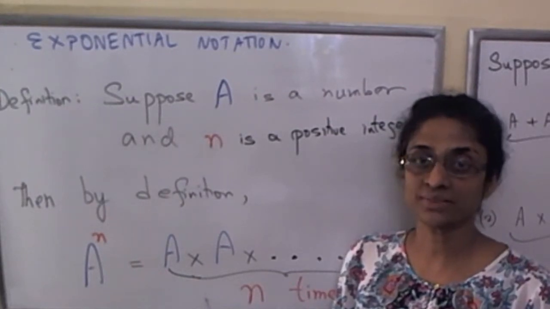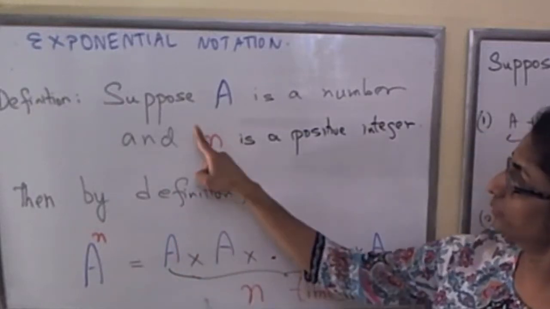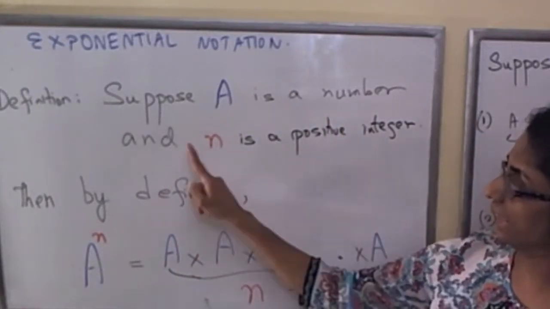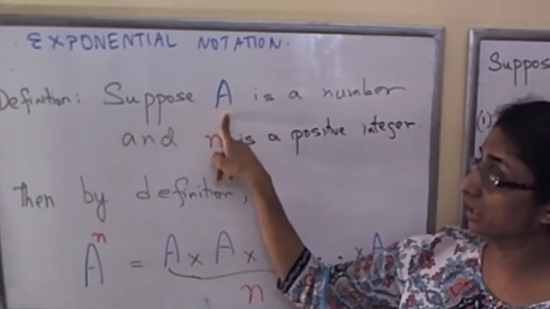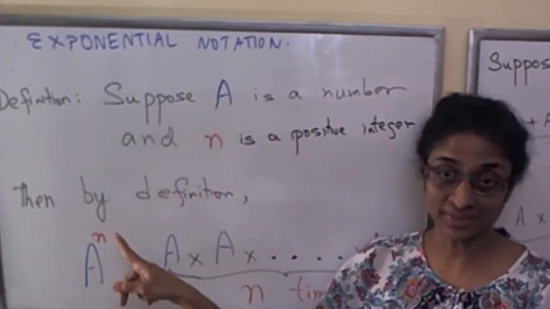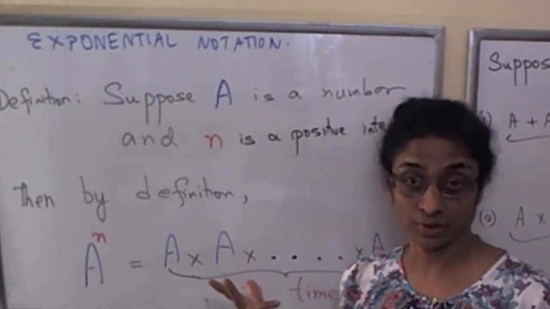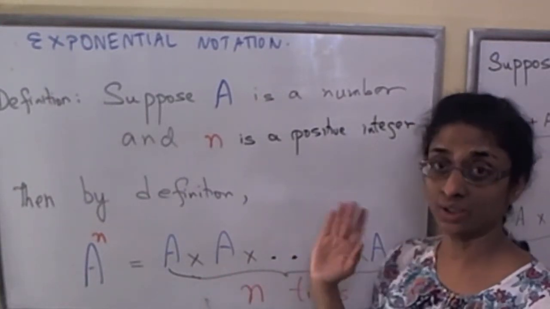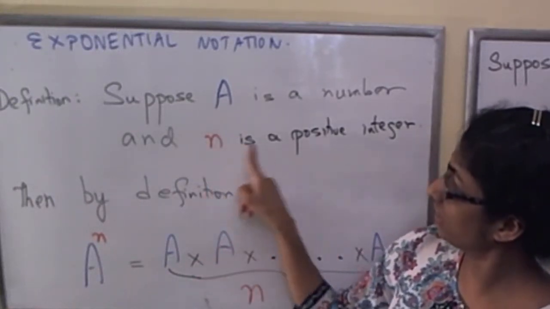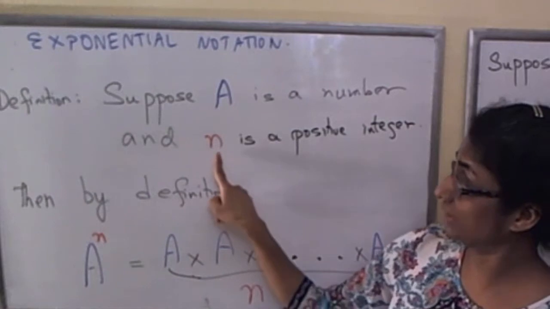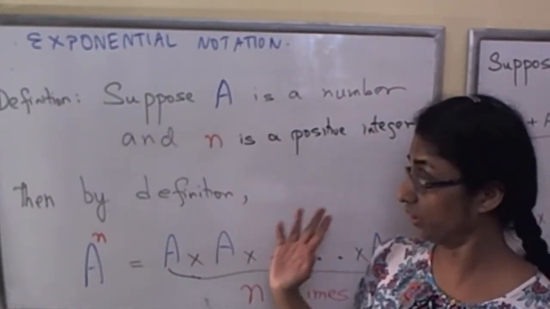So let's summarize the discussion with a precise definition. Suppose A is a number and n is a positive integer. A can be any number, so that means any point on the number line. For us, you can think of A as any whole number or any fraction. Whereas n is a positive integer, so n could take on the value of 1 or 2 or 3 or 4 and so on.